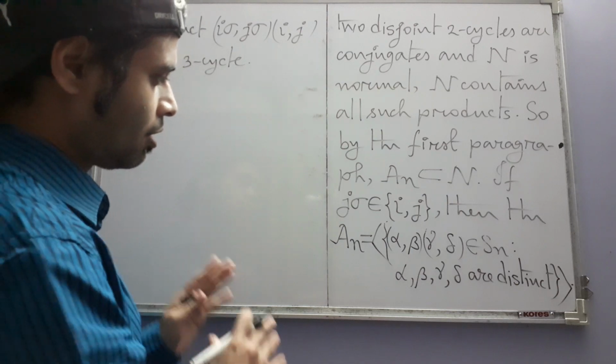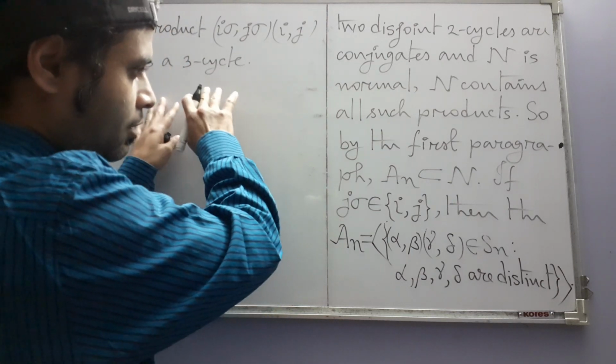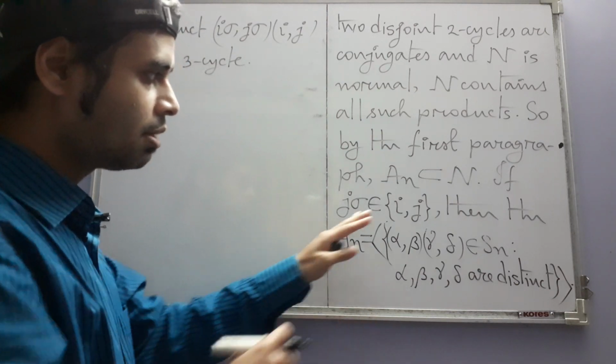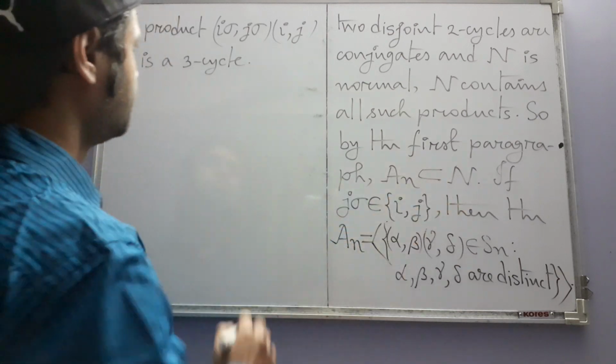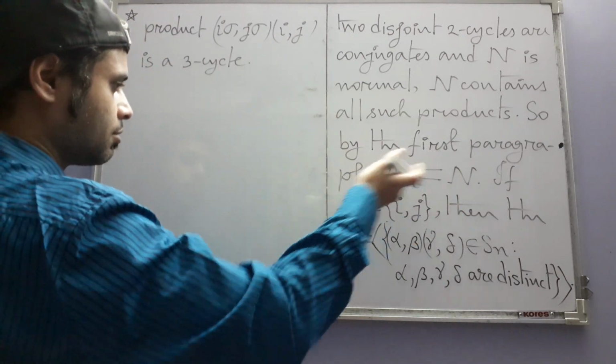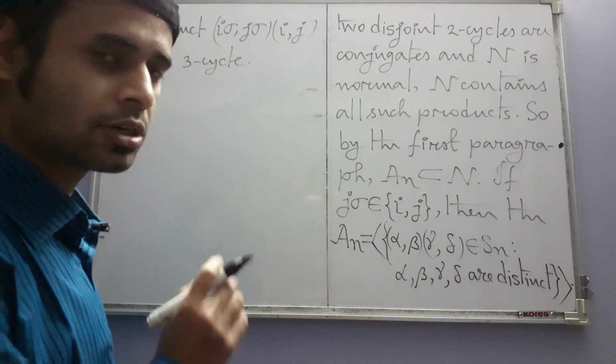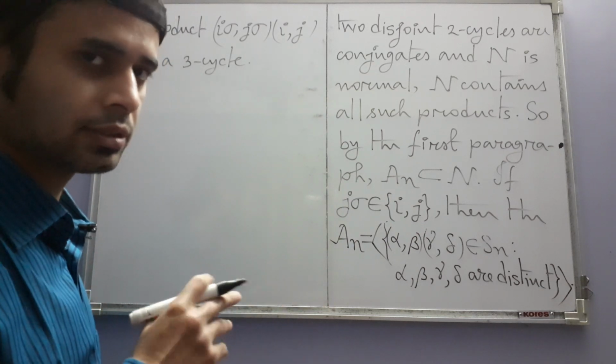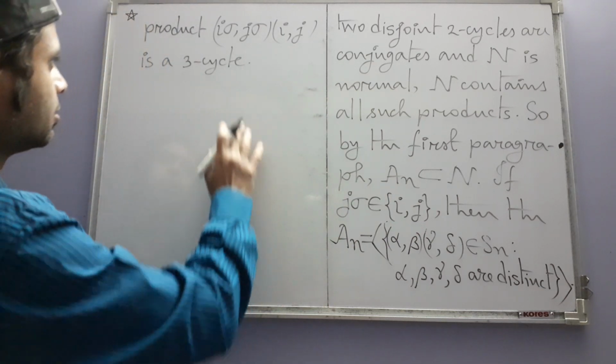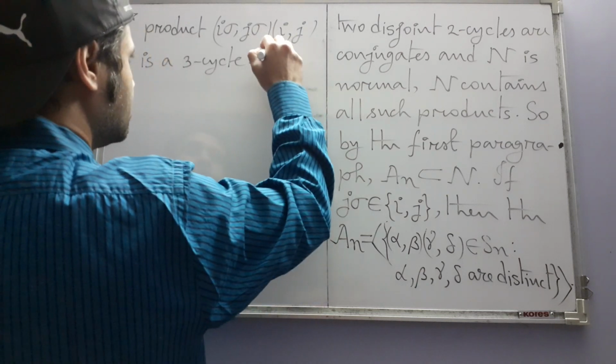So now, although I am saying that the argument is different, it's similar to what we did here. There we had products of two disjoint 2-cycles. Here we have 3-cycles. Just the cycle structure is different. Strategy is same.